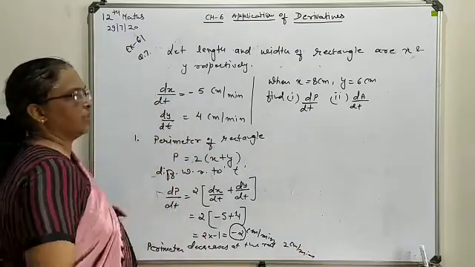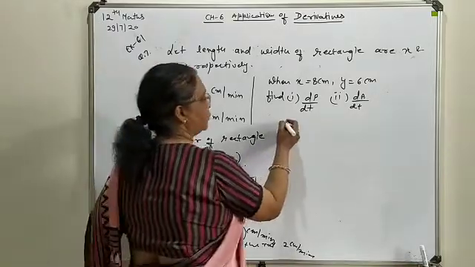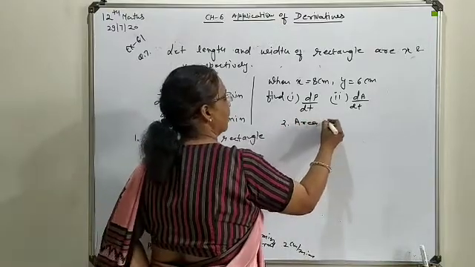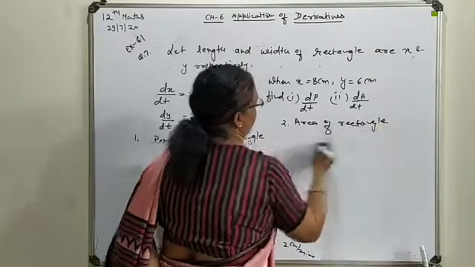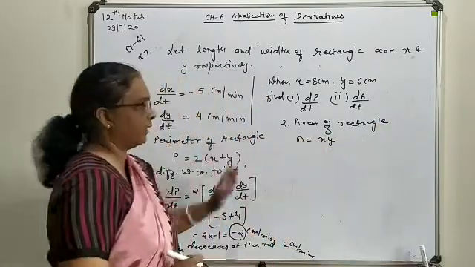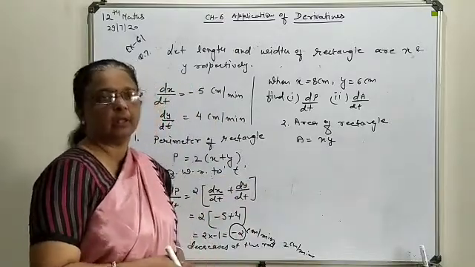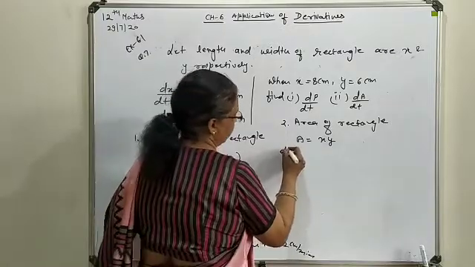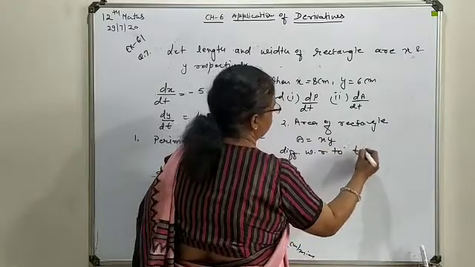Now we come to the second quantity, means rate of change of area. So come to the second quantity, area of rectangle. A is equal to x into y. As your x and y both are variable parameters, so product rule you will implement here to find the derivative. So differentiate with respect to time.